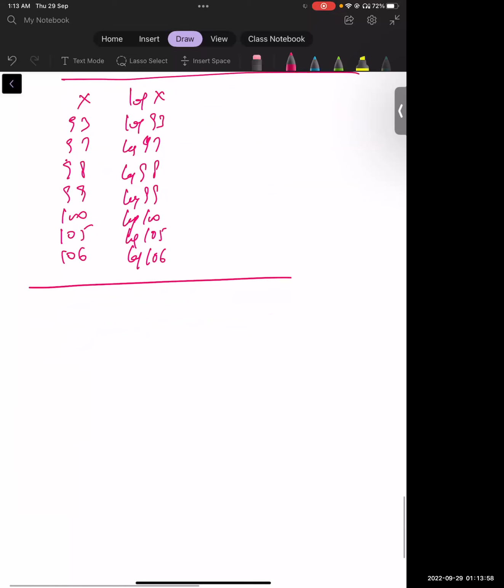Now tell me, what about index number? As it is coming into your exam, what do you know about index number?